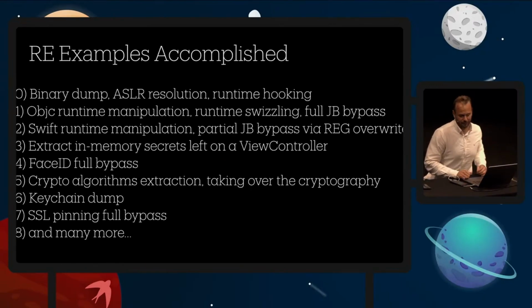Here's a couple of examples that I accomplished. So binary dump we saw today, runtime manipulation we saw. Extraction of in-memory secrets. So if you have things loaded in memory, you get the phone, hook up a debug server, log into the memory, and then you are able to extract things in memory in plain text.